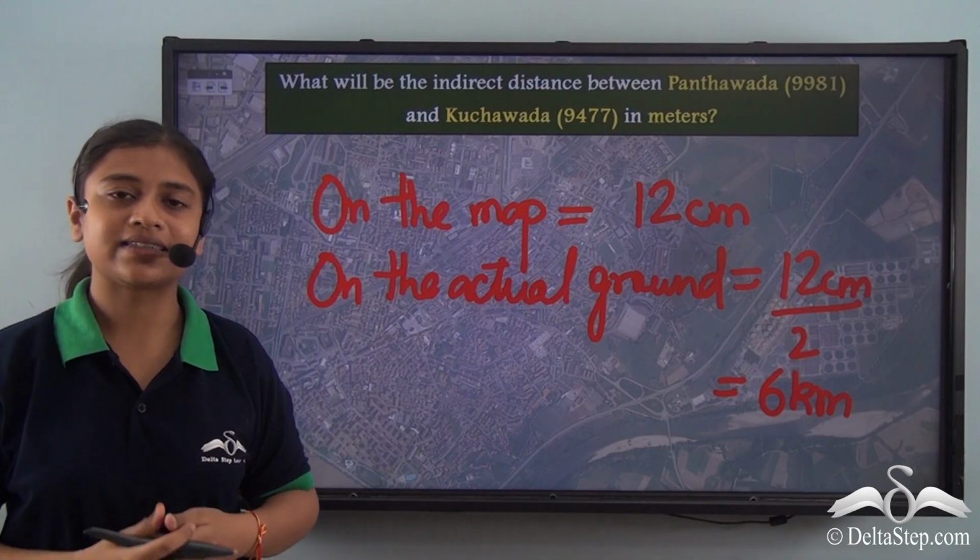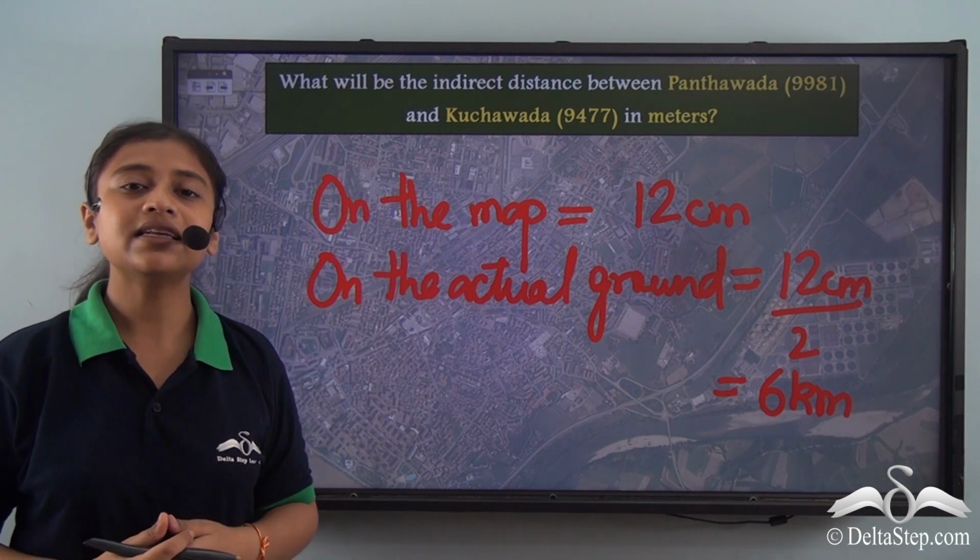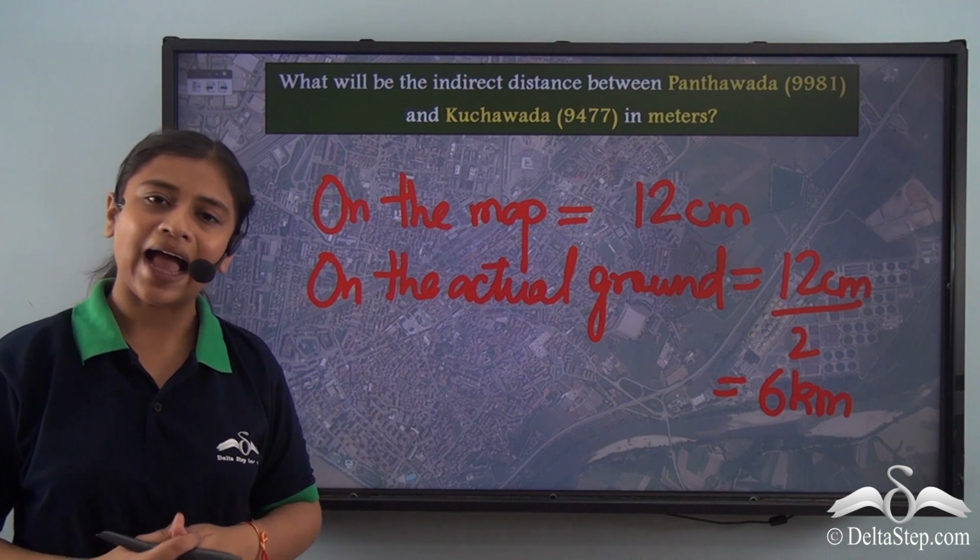So the indirect distance between Kachavada and Panthavada is 6 kilometers on the actual ground.